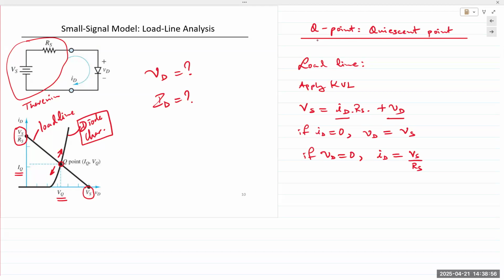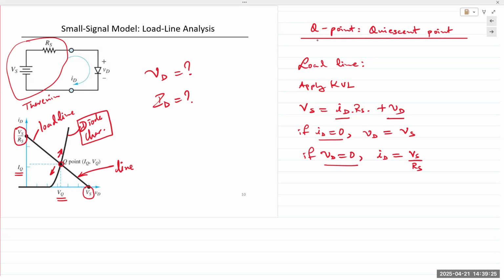Intersection of the X axis is when Y is equal to 0. Intersection of the Y axis is when X is equal to 0. So to determine those coordinates, we simply plug in ID equal to 0 and VD equal to 0. Once we determine those 2 points, we join the 2 points to obtain the line. The line is going to intersect the diode characteristic.